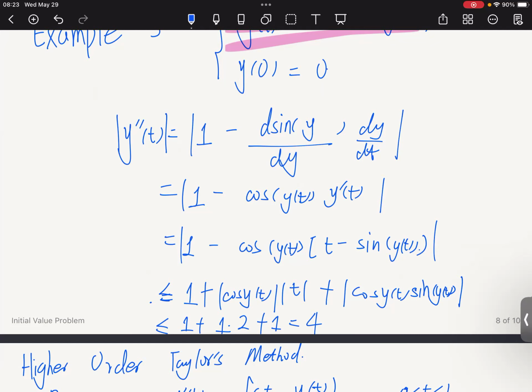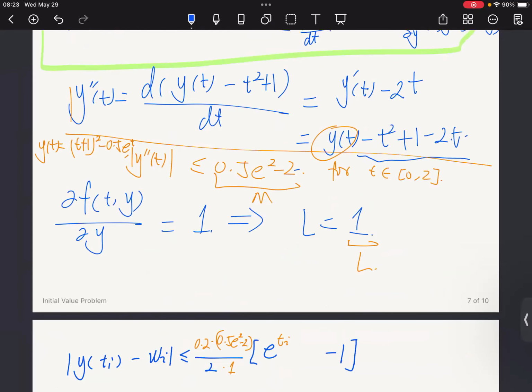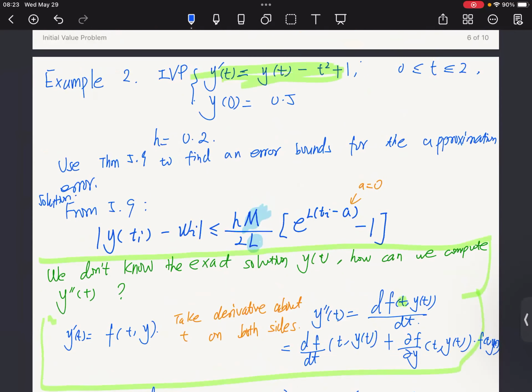In other cases, I believe that if we want to use theorem 5.9 to bound the error, then for this one we need to know the exact solution.